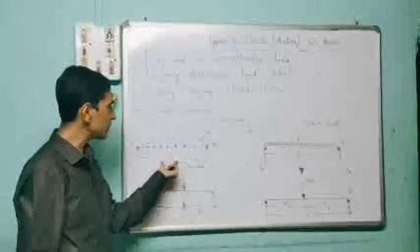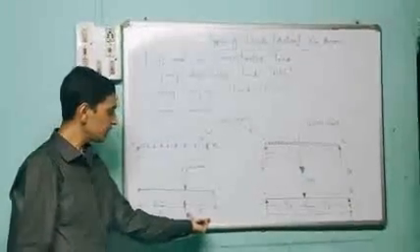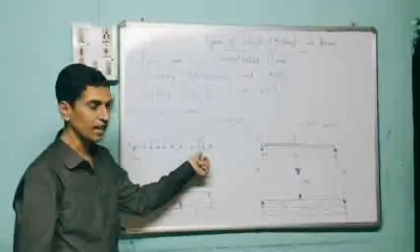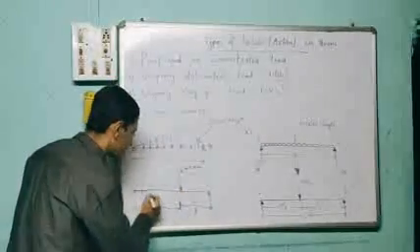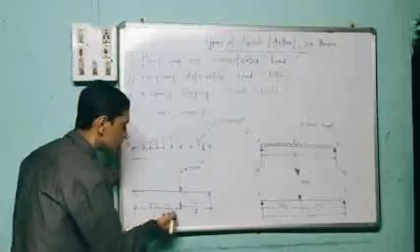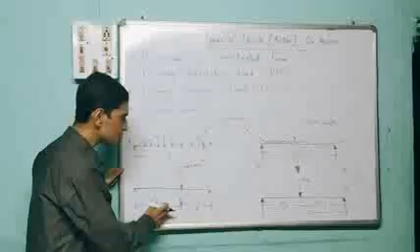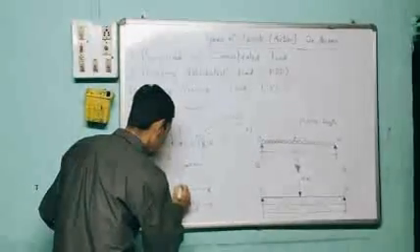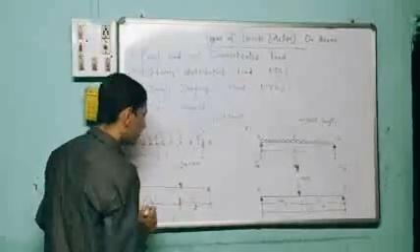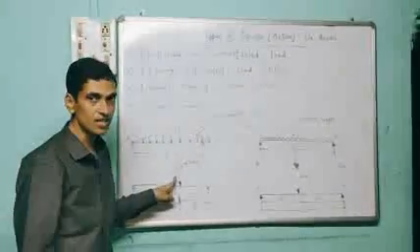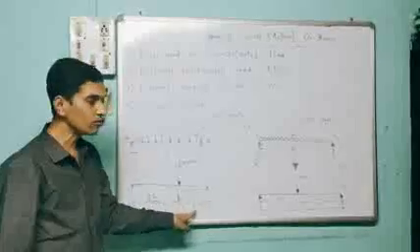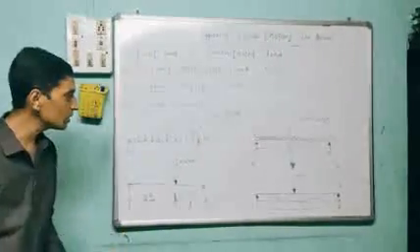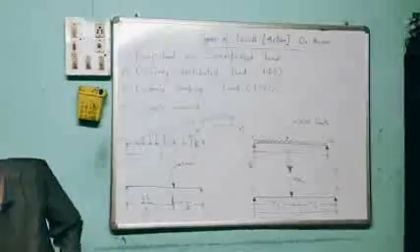Here the base of the triangle is L, and 1/3 of base is measured from here where the angle is 90. The remaining distance of this point load from the other end is 2/3 of base. L by 3 plus 2L by 3 gives the total length of the beam. So remember, wherever the angle of a triangle is 90 degrees, from there the point load is located at a distance of 1/3 of base. In this way we can convert triangular load into its single point load.